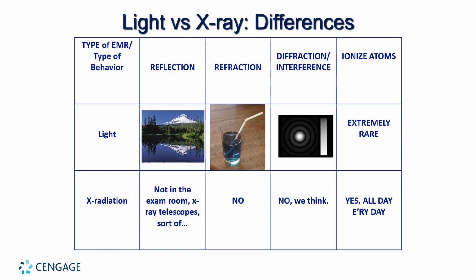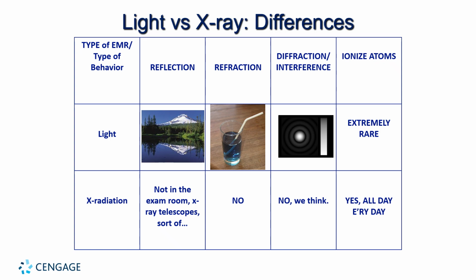But we can't see X-rays like we can light. And so X-rays don't reflect. X-ray telescopes don't, they kind of reflect, but it's more like a deliberate Compton scatter with a very specific angle. And that's all I'm going to say. They don't refract.